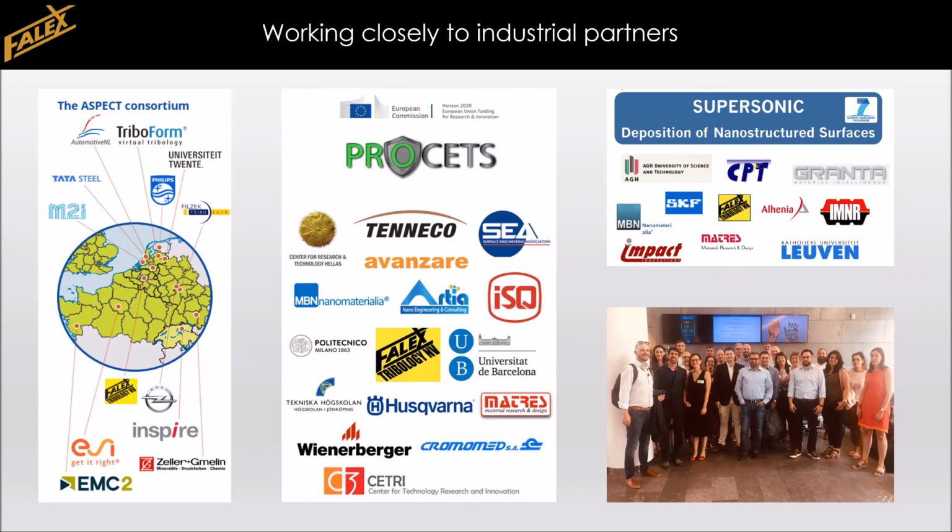In the second project, the Process project, we had 4 different applications, and our aim was to rank coatings that should be used to replace hard chrome, because chrome 6 is now banned in Europe. The first application came from the automotive field, and it was for shock absorbers.